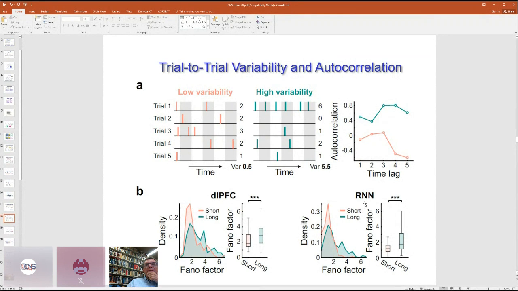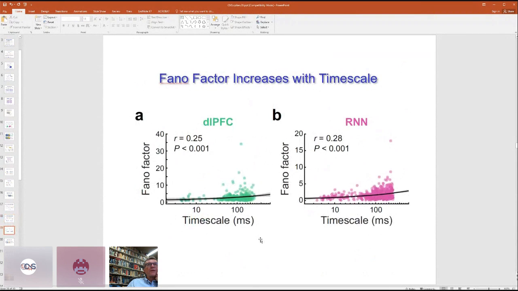But here in the recurrent network, we have the same trend, namely for the long variability, these are the long time constants, I should say. The long time constants had higher variability than the shorter time constants. So we have the same trend. So in addition to this prediction, we predict that the subset of interneurons that are responsible for the delay period activity will have high Fano factor.